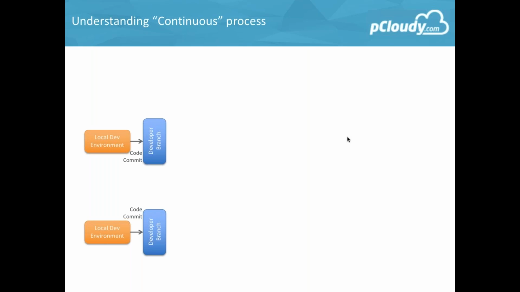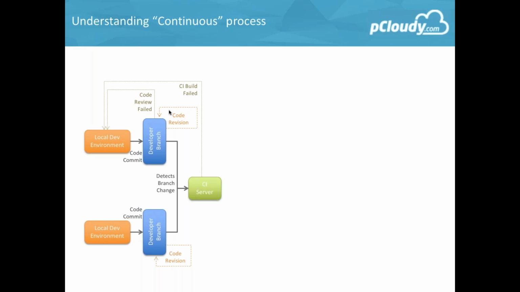And as soon as they do a commit to the developer branch, the CI server detects that there is a push from the developer side, and then the automated process kicks in. At this level, the automated process is more about code review, which could be in the form of automated tests like code coverage, automated unit tests, static analysis, or more, depending on the type of application or the organization's need.